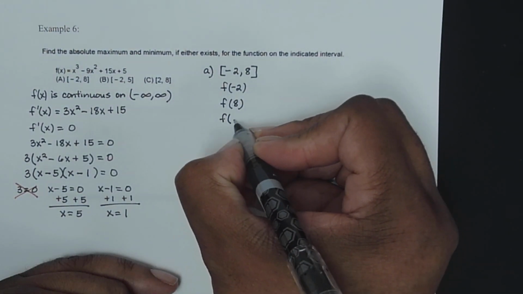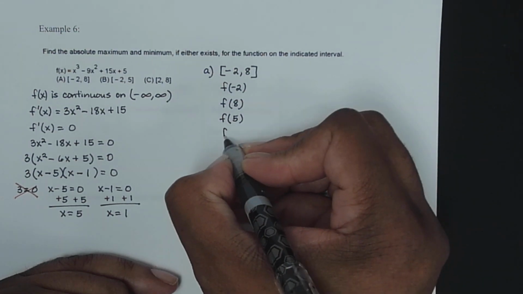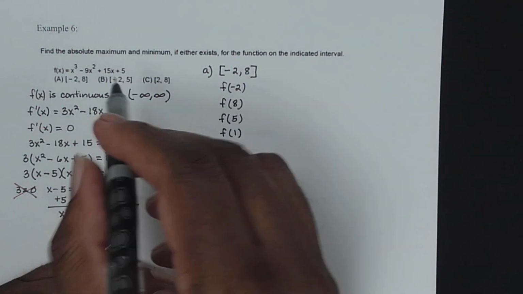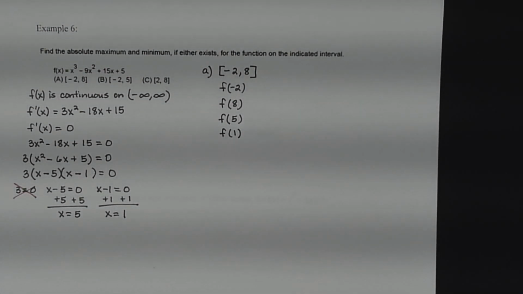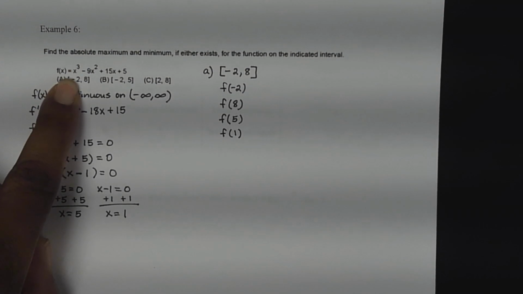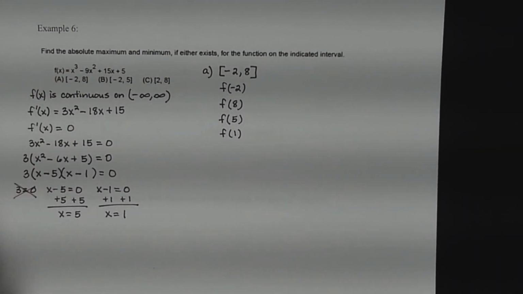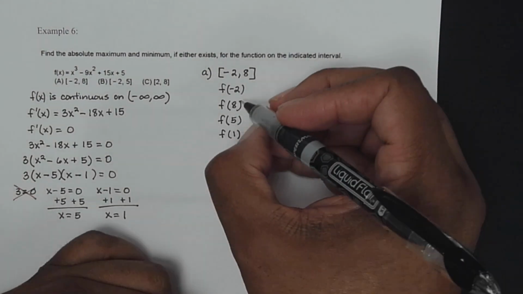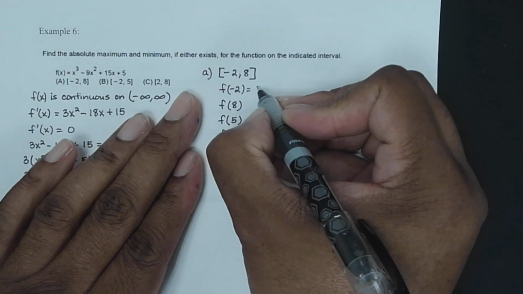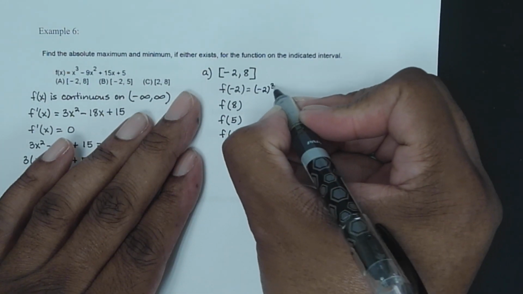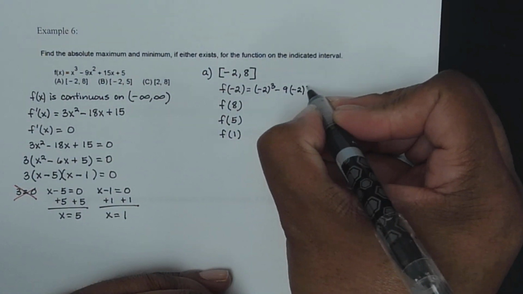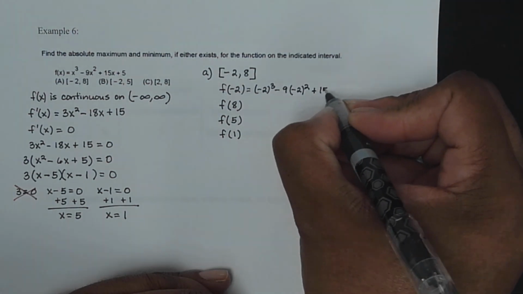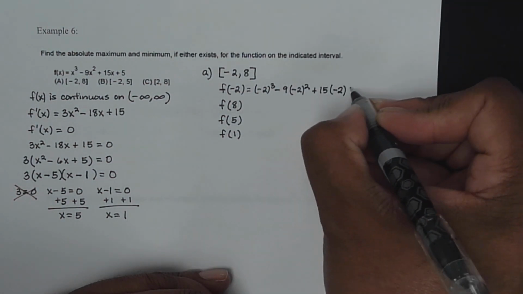And also my critical numbers, I'm going to evaluate f of 5 and f of 1. So here I'm going to substitute each x with those values in this f of x function. In this case, f of negative 2 means negative 2 cubed, minus 9 times negative 2 squared, plus 15 times negative 2, plus 5.